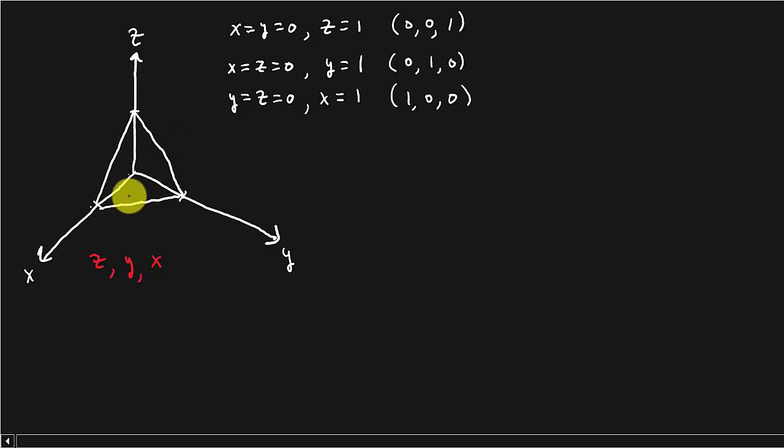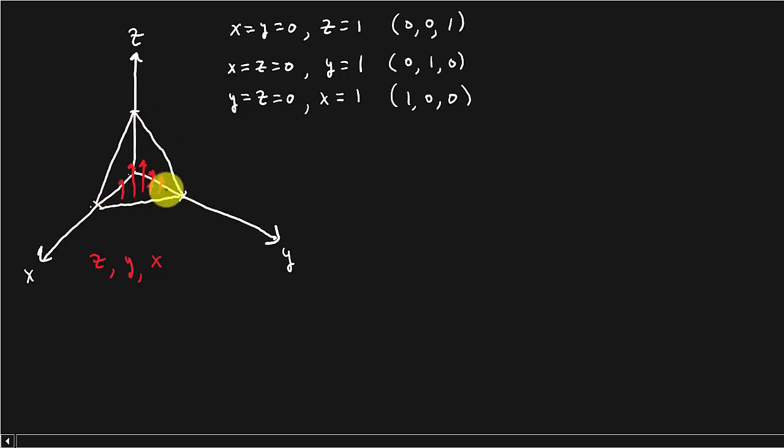So what we're doing here is we're going, let me bring that up a little bit more. So we're going from the XY plane, okay? So think about it. On the XY plane, z is what? Z is 0, right? And we're going up to this plane right here, this tetrahedron.